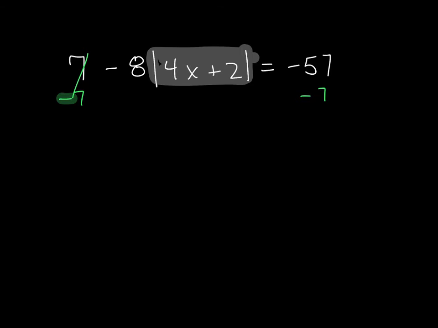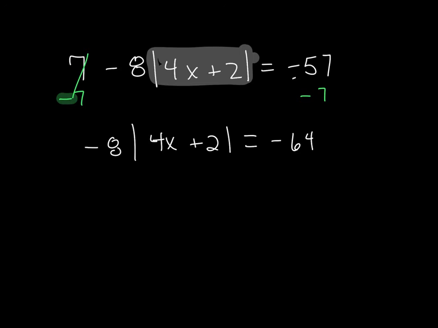When I do that, I am left with negative 8 on the outside, absolute value of 4x plus 2, still inside that absolute value, is equal to negative 56 minus 7. Excuse me, that is a negative 57 minus 7. So that gives us a negative 64.